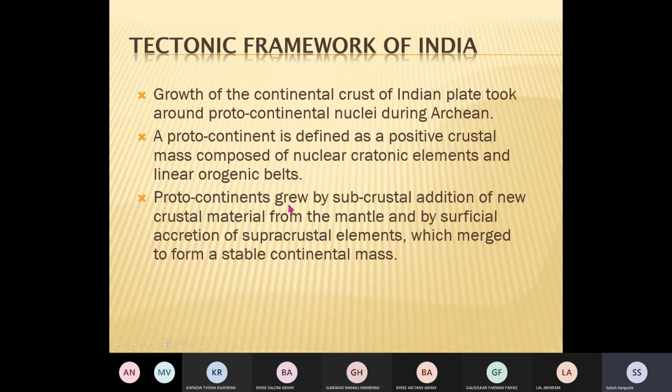And also this continental crust was grown not only by accretion, but also by subcrustal addition of new material from the mantle, making a stable continental mass.